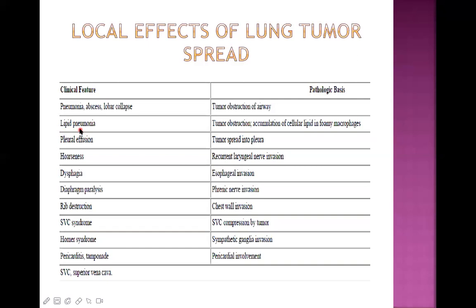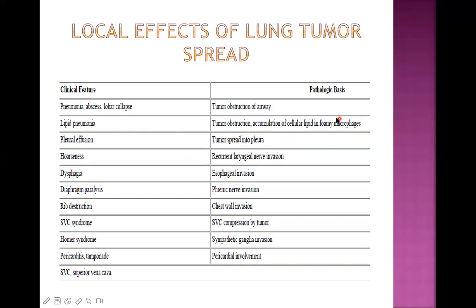Another is lipid pneumonia. This can also occur in tumor obstruction, and the name comes from accumulation of cellular lipid in foamy macrophages, meaning these macrophages have fat droplets inside.